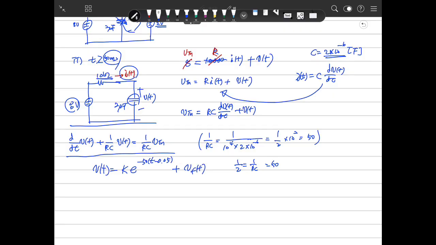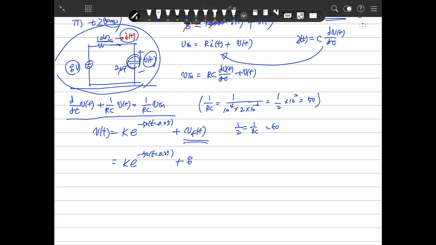What is the value of V infinity? Because this is the steady state, the capacitor is an open circuit. So V infinity is 8. So we can write K exponential minus 50 (t minus 0.05) plus 8.